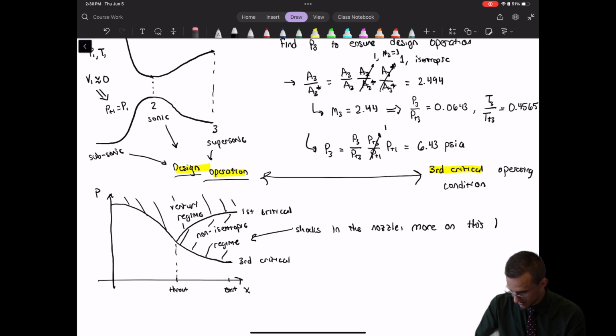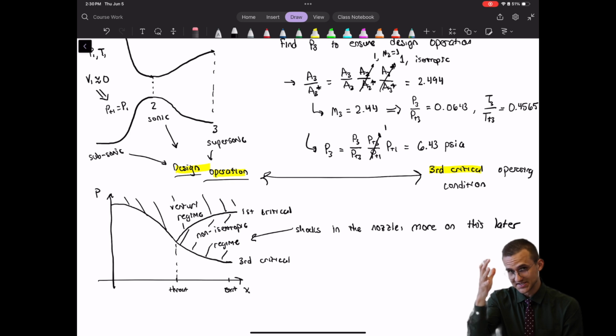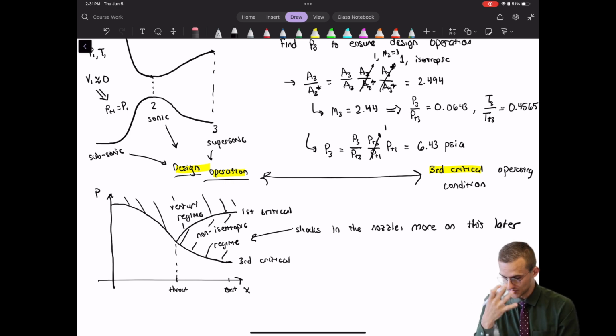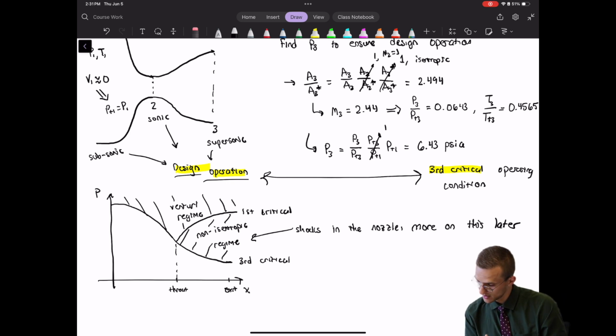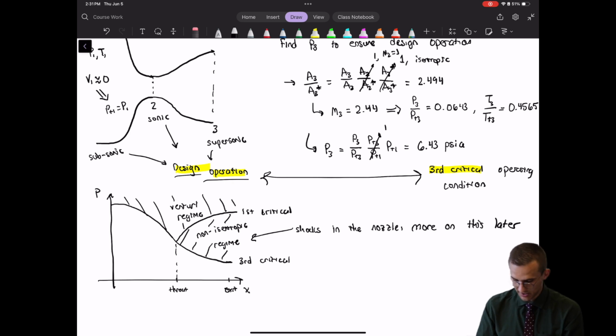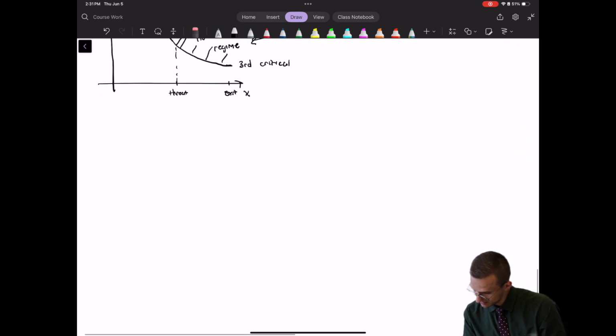More on this later. Okay, the second critical that has seemingly been left out here will have to do with those shocks in the nozzle. Okay, we'll talk about that in plenty of detail, so don't worry about that.